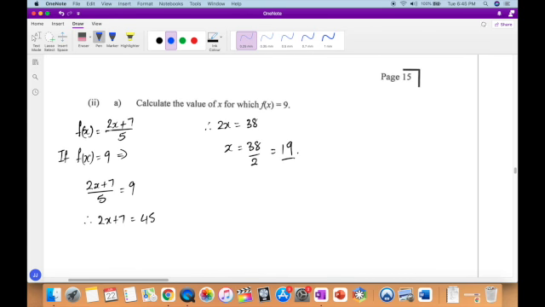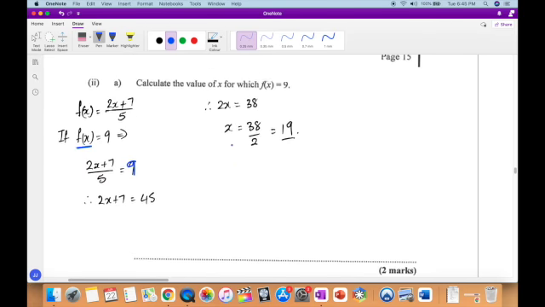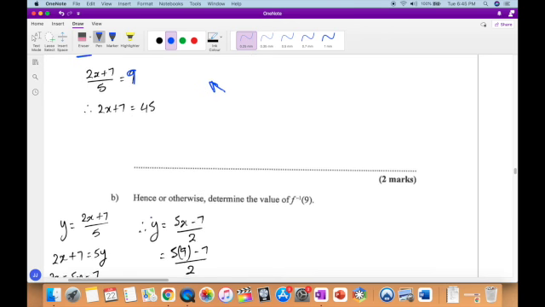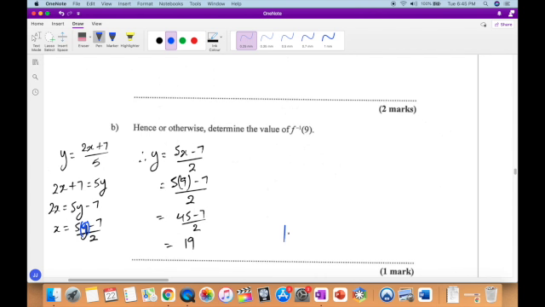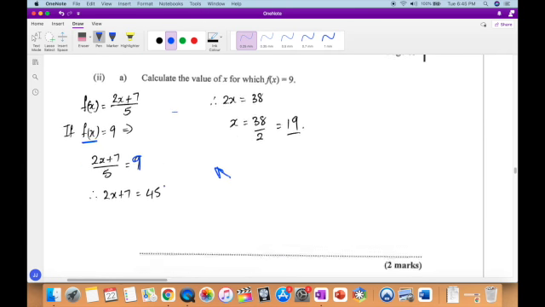And look at over here, what we basically did was we put the 9 where the y is, where f of x is, and we made x the subject of the formula and got 19. So that is why it's 1 mark, because what we actually did here was we found the inverse of the function by making x the subject of the formula, which is what we did here. So you could have just put 19 if you'd like, but I wanted to show you why 19 is correct, because finding the inverse is pretty much the same as what we did here. Any questions?